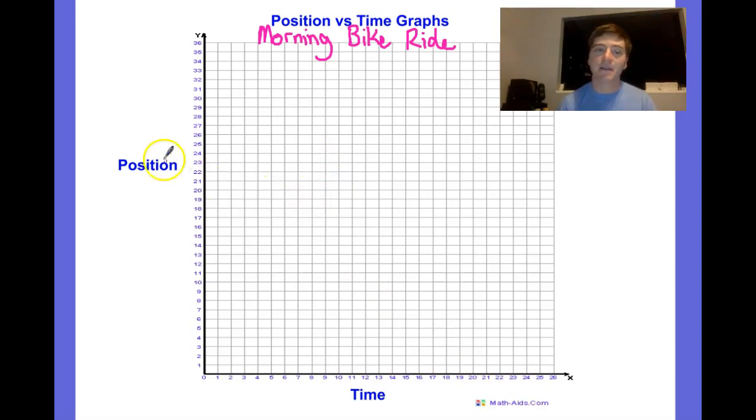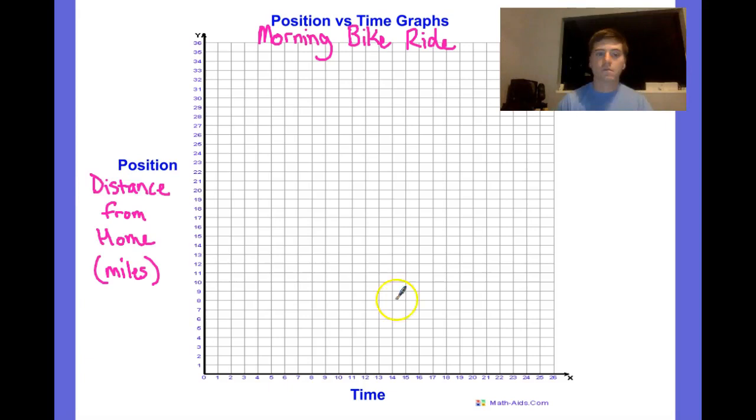That is the independent variable. Position is your dependent. So position will go here, and we'll give it a label and a unit. And based on this unit, we'll give time the appropriate unit as well. Whatever you're measuring the time in, that's what you'll give it.